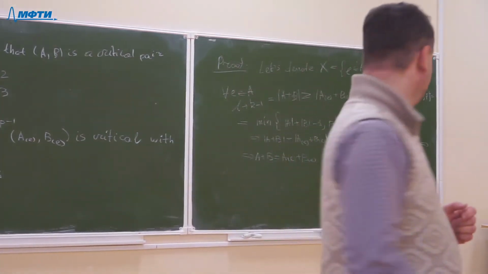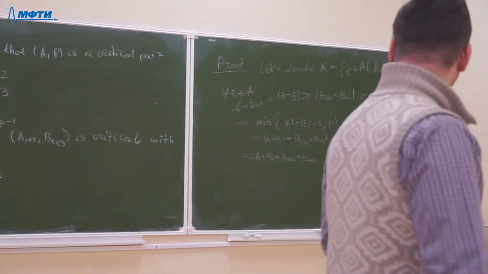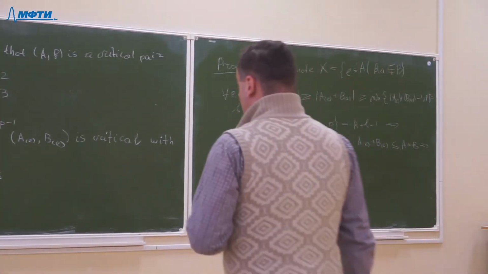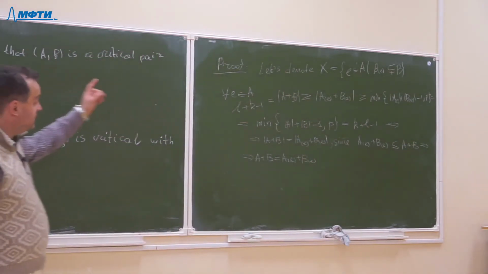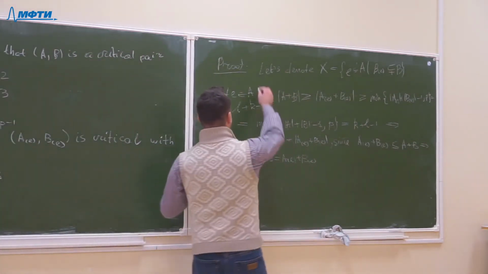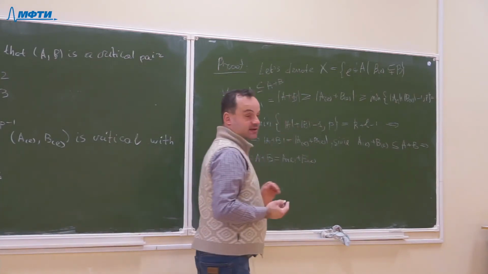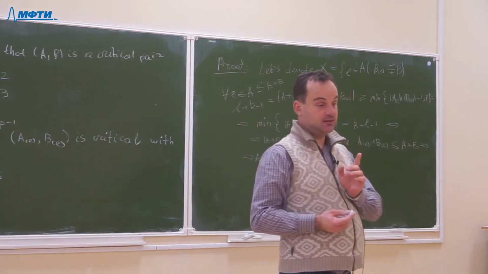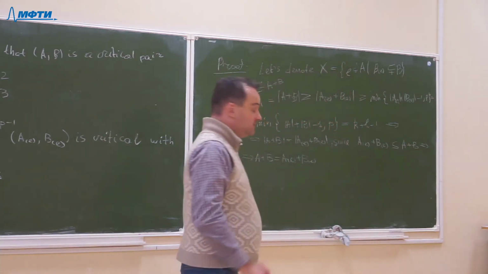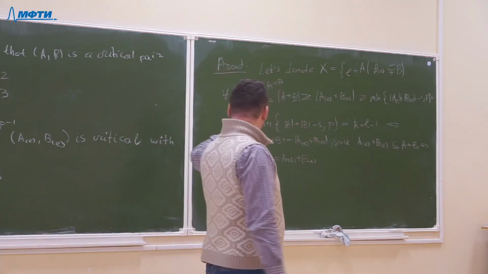This is true for any critical pair, actually. Moreover, this E is inside A, but A is a subset of A plus B because B contains 0, right? So everything is correct. So this X is non-empty. Okay.